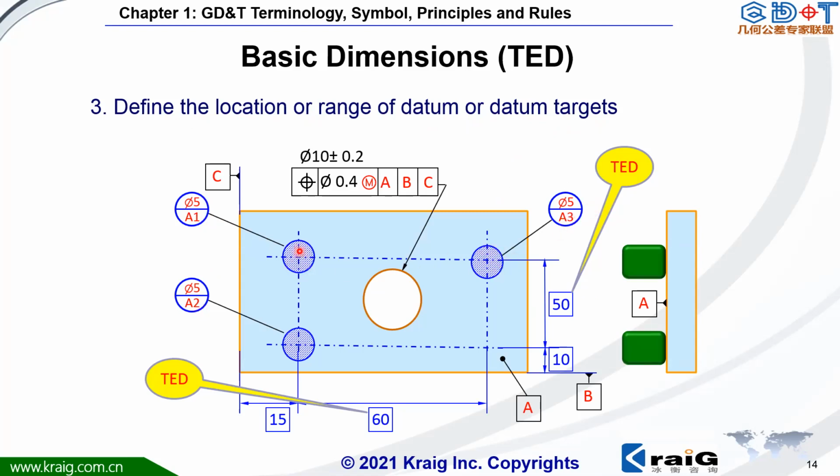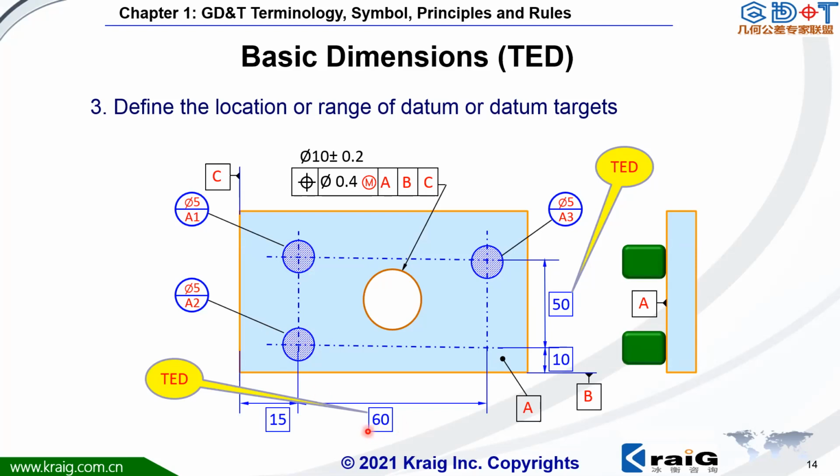You see here, there's a shaded area. The size of the area is 5. In the upper portion, A1 means datum target. We are going to use target 1, target 2, target 3, these 3 to set up our datum.